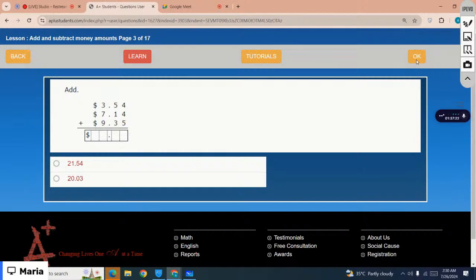Three point 54 plus 7.14 plus 9.35. So which is the correct option?